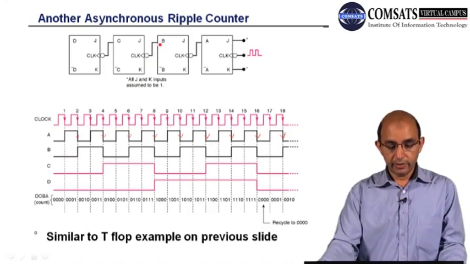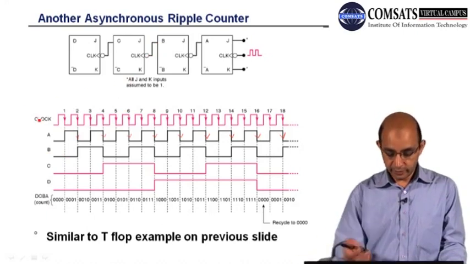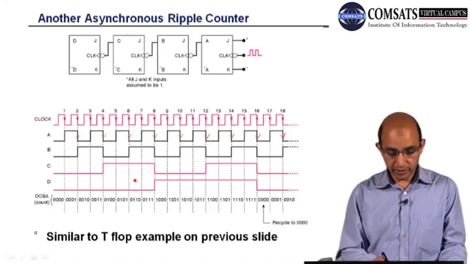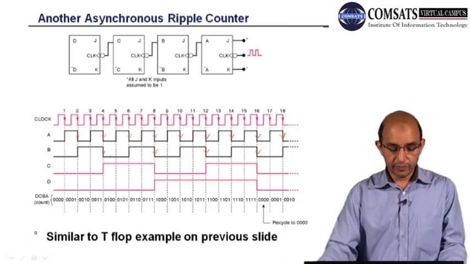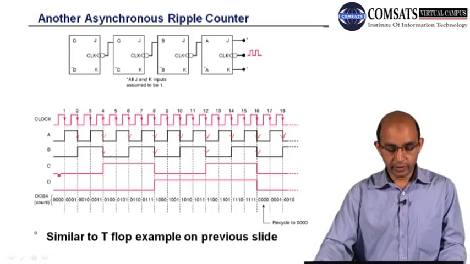Here you can see that this output is the clock for the next JK flip-flop, so let me mark the falling edges here: falling edge, falling edge, falling edge, falling edge. Now this is my clock, and I have 1 1 all the time at this JK flip-flop. I have assumed all the flip-flops are reset to 0 regarding the output.